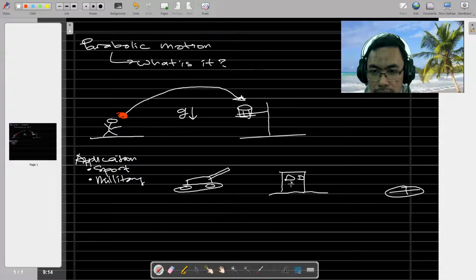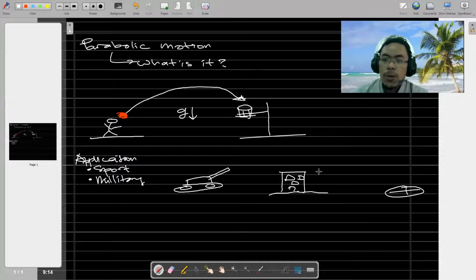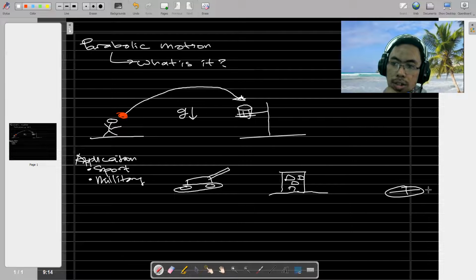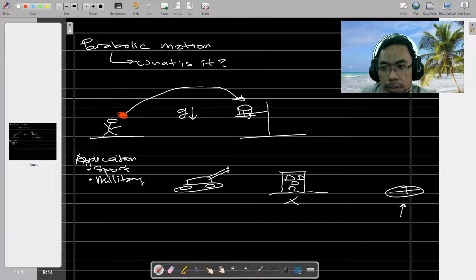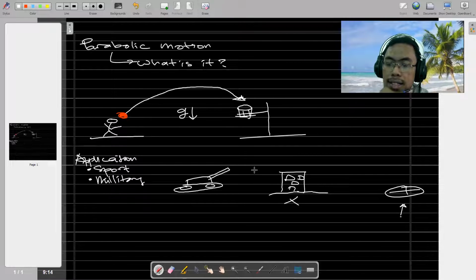Because you want to hit the target at this point, and you cannot destroy the building, the only thing that you can do is throw the bullet above the building, and at a certain point the bullet will move downward and finally hit the target.